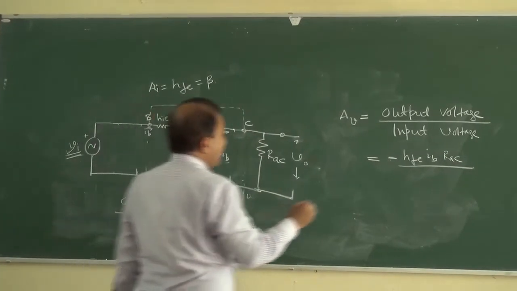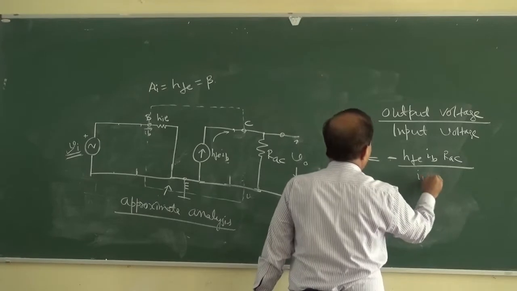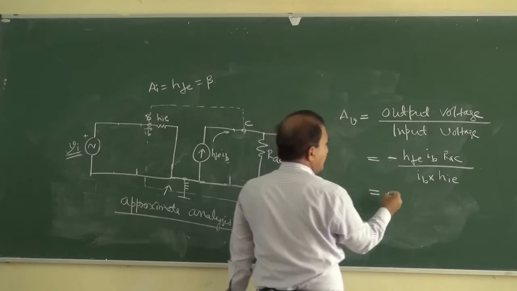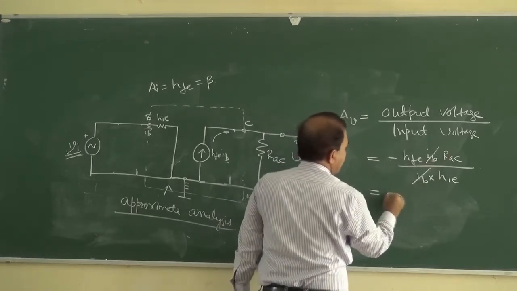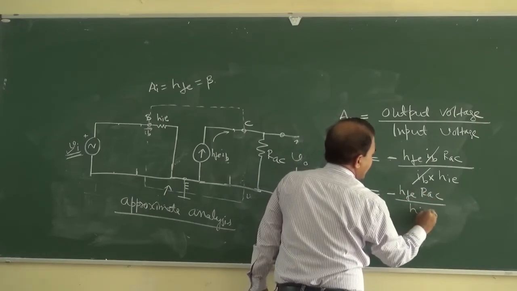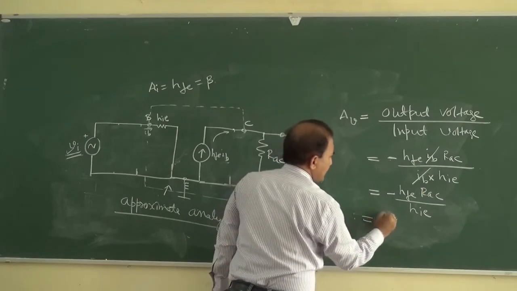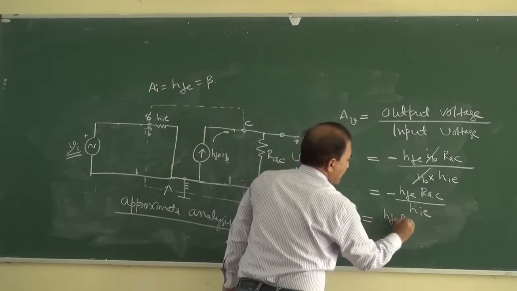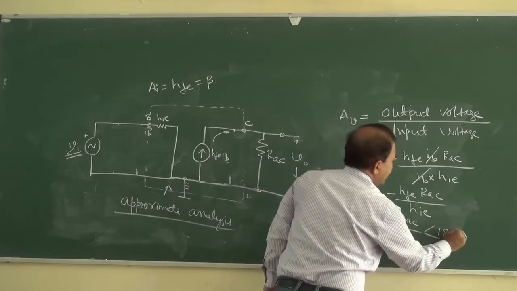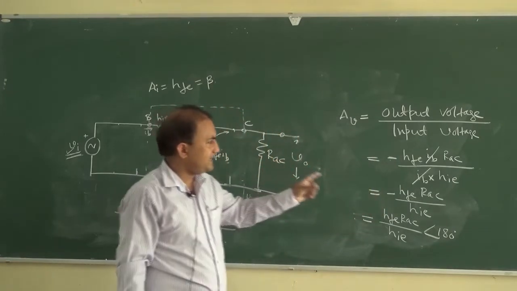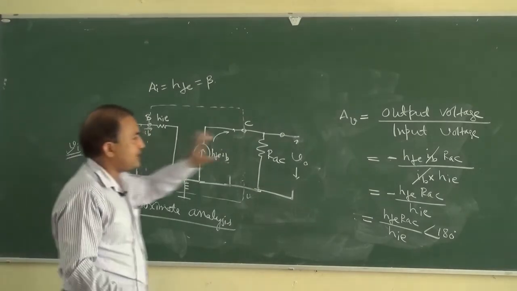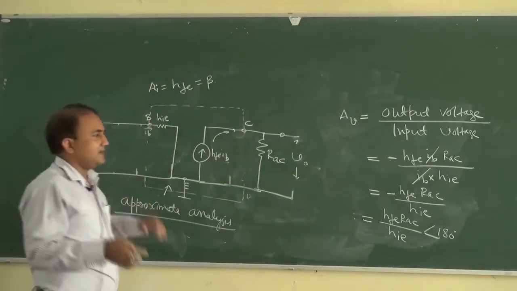Input voltage is IB into HIE. So it is equal to minus HFE into RAC divided by HIE. The negative sign signifies that the phase angle between the input signal and the output signal is 180 degrees.